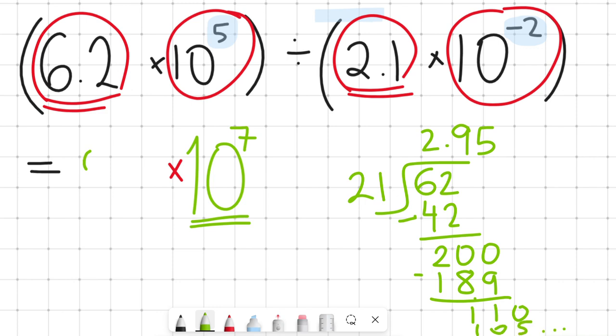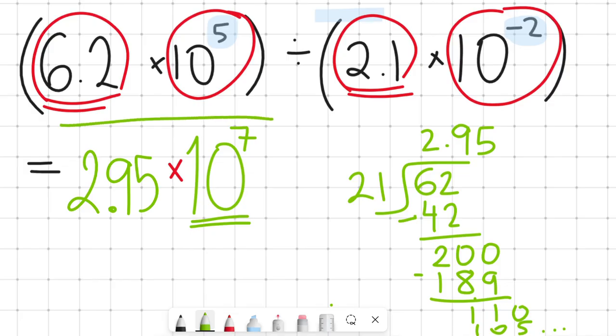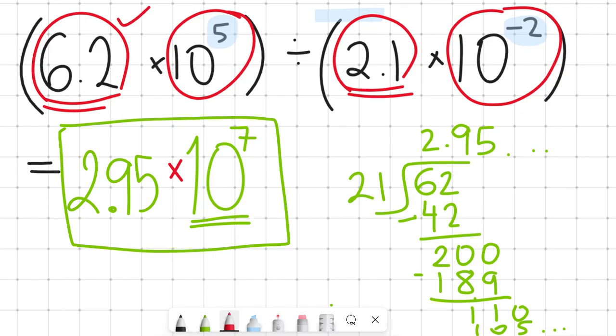Okay, let's say the answer here would be 2.95. Of course, you would get some number that will be divisible, because I gave you some random numbers, that's why we had many digits. Basically, the idea is clear. We divide number by number, and then 10 to the power of 5 divided by 10 to the power of negative 2 is 10 to the power of 7.